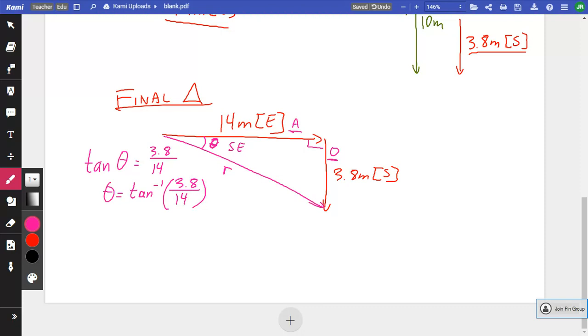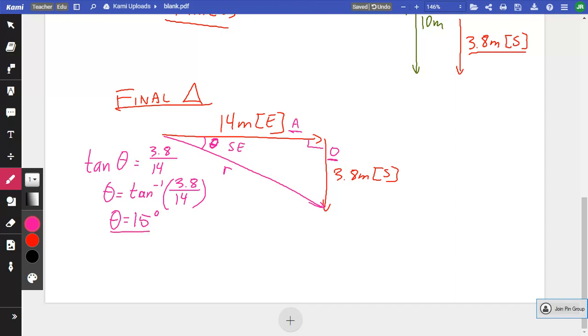This is what I punch in my calculator, using brackets to be careful, and I get theta equals 15 degrees.